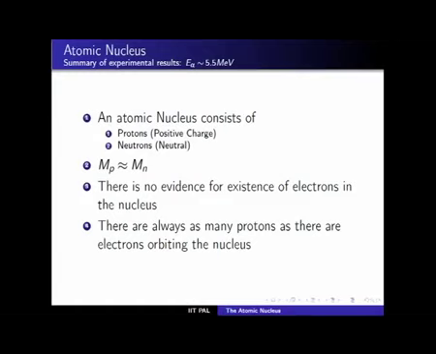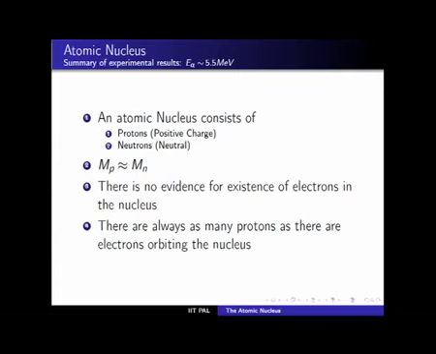Now if you look at this slide, let us summarize what we have learnt from all the experiments that we have discussed briefly so far today, and from our earlier discussions where I discussed them in great detail. What is it that we find? The atomic nucleus consists of 2 kinds of particles: the protons, which have positive charge, and neutrons, which have negative charge. And what is the most important piece of information for us at this time?